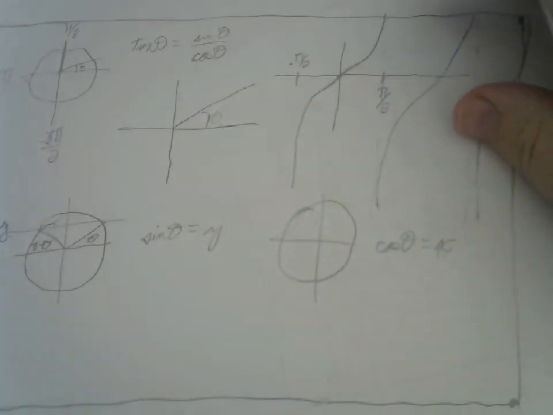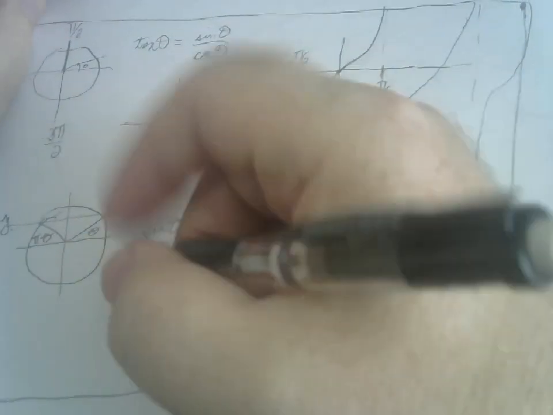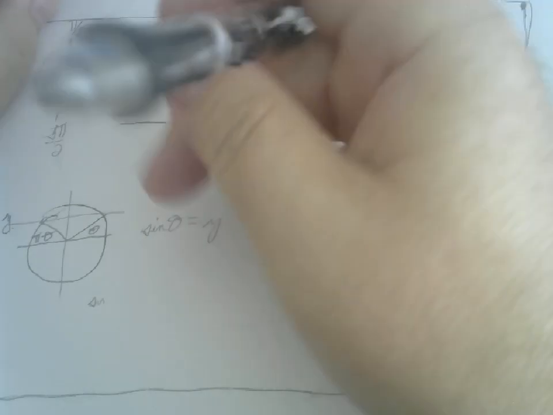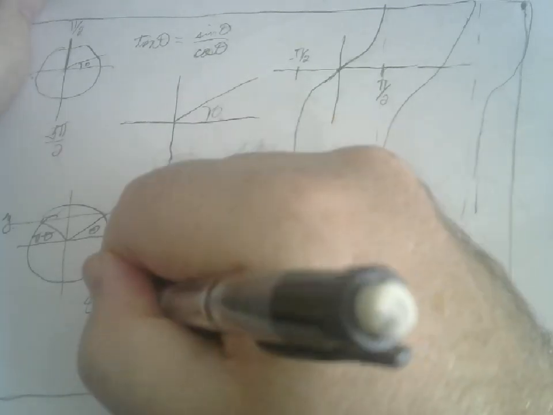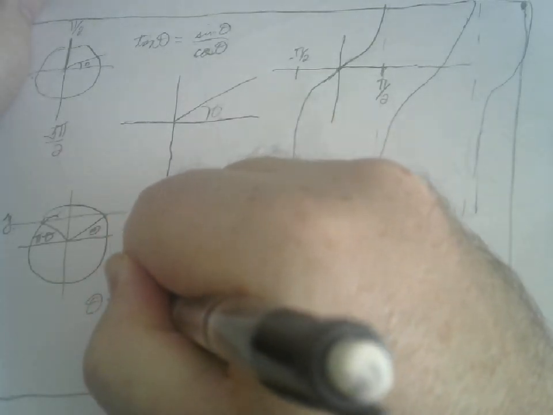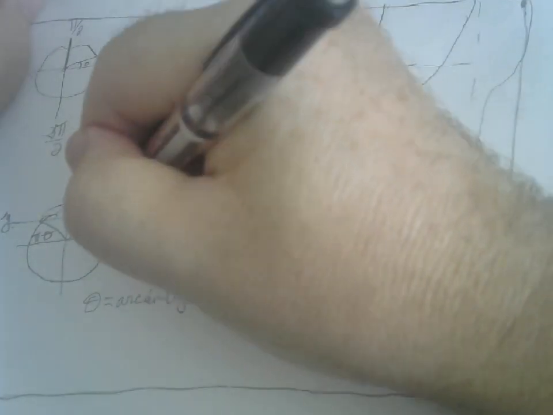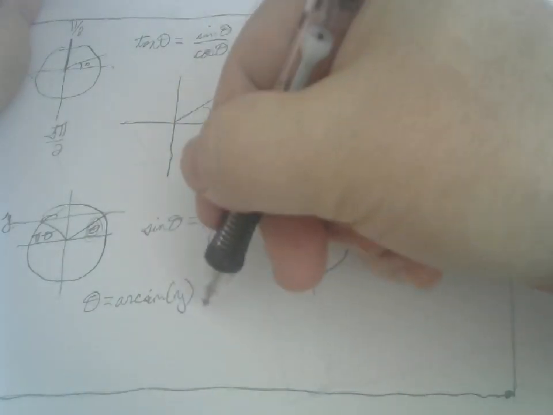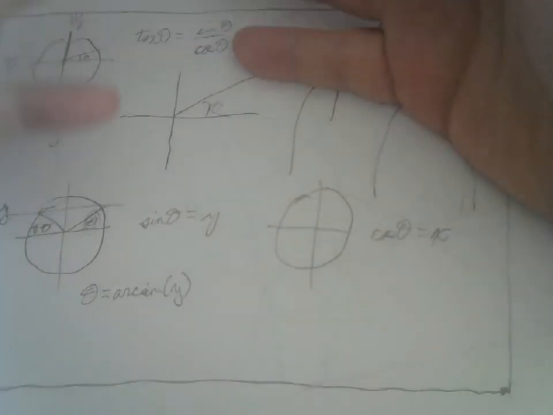Okay, and so we actually can take that as a set. y, theta could be arcsine of y. That's this solution here. That's arcsine of y. Arcsine of y is not the true inverse relation.